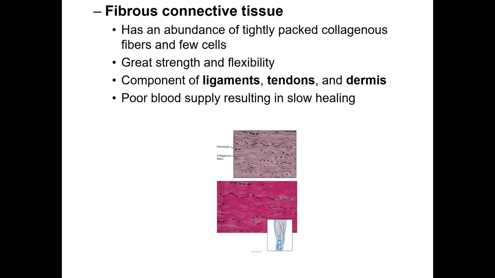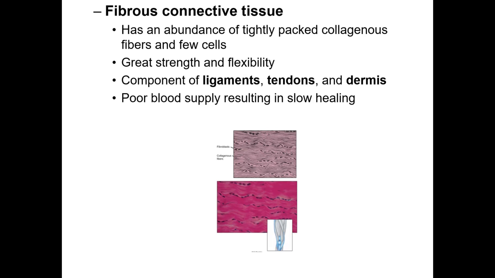It basically loosely binds epithelia to deeper tissues and allows passage of nerves and blood vessels through other tissues. We see the reticular tissue in places like the lymphatic organs, in the lymph nodes, spleen, thymus, and bone marrow.